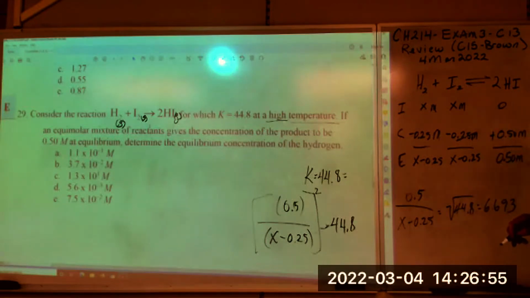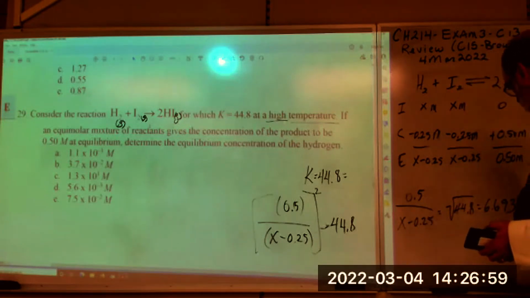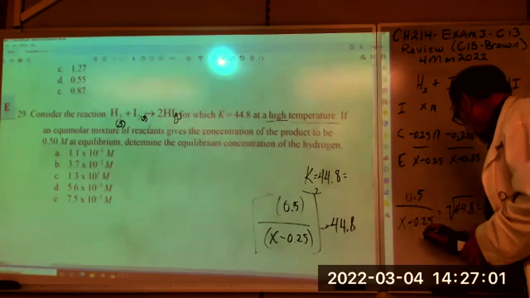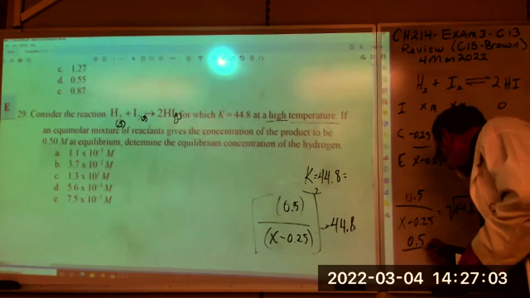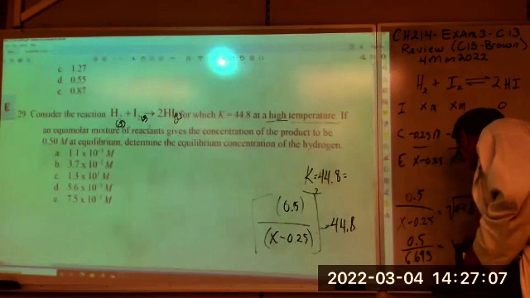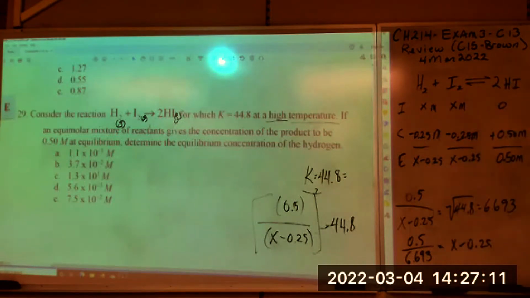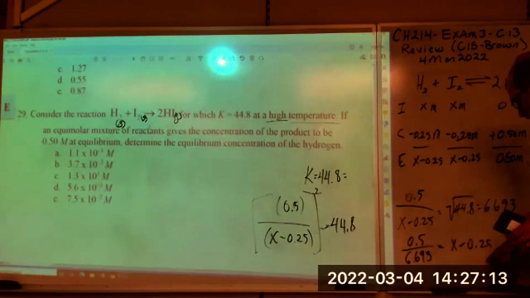Now we can bring this one over here and that one over there: 0.5 divided by 6.693 is equal to X minus 0.25. So we just divide this one by that one and add that one.